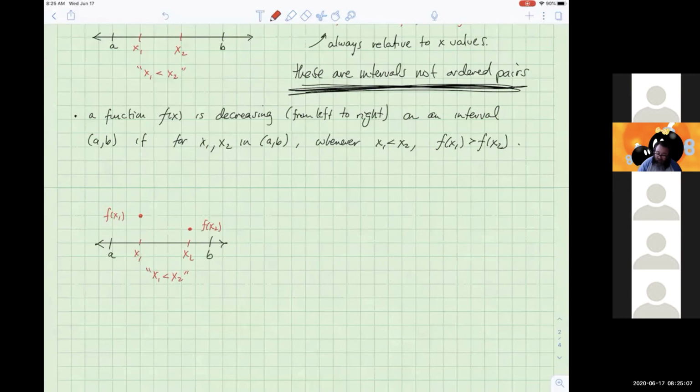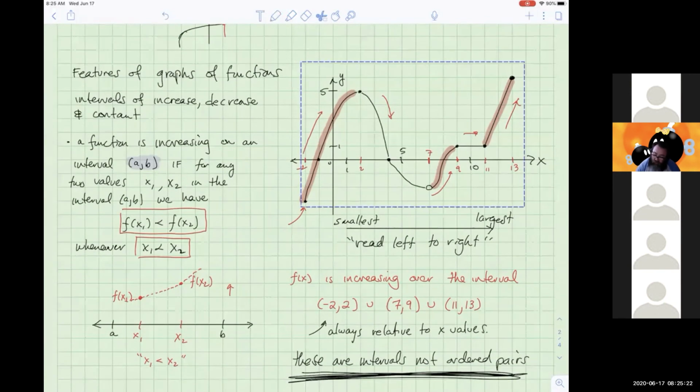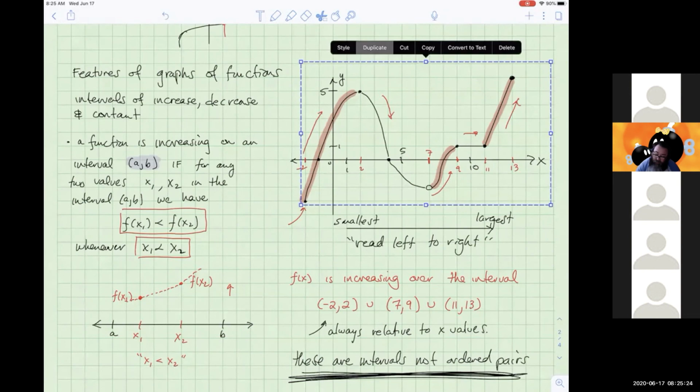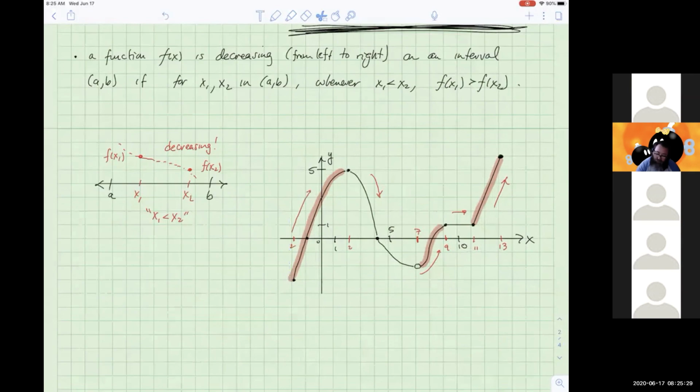And if that's true for every x1 and x2 in the interval, then this is going to be decreasing. So if we come back up here and duplicate this lovely diagram, and I choose a different color, as we move from left to right, after this top point here, it starts to decrease. We start going down the slide. And it looks like that's my only interval of decrease here.